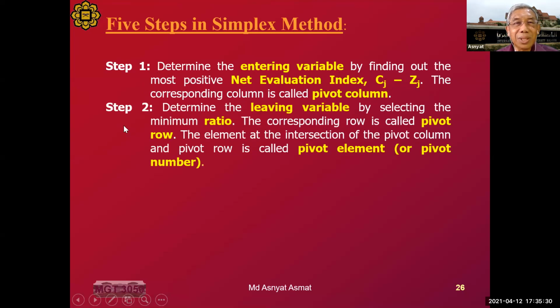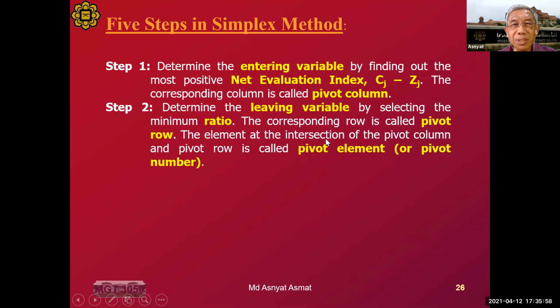Then after that, we are going to determine the leaving variable. Then we are going to calculate ratio. We are going to determine what we call the pivot row. Then we are going to find the pivot element or pivot number. So we are going to determine the leaving variable by selecting the minimum ratio. The corresponding row is called pivot row.